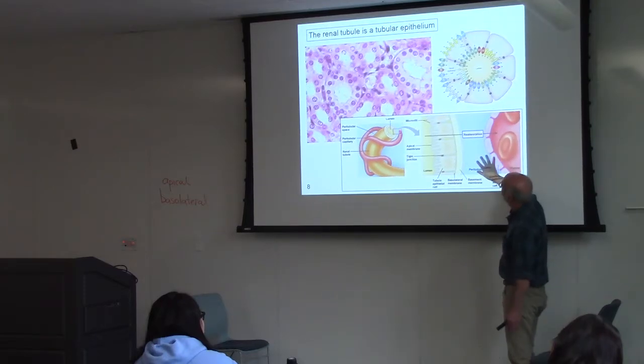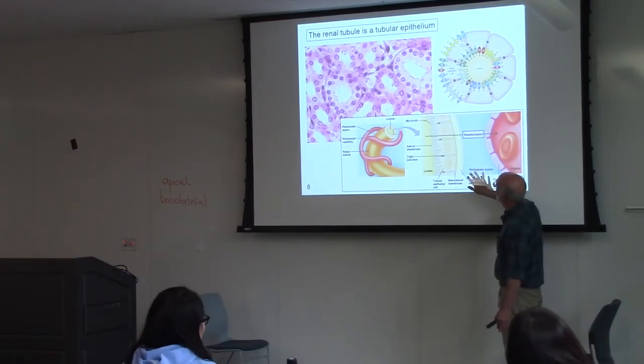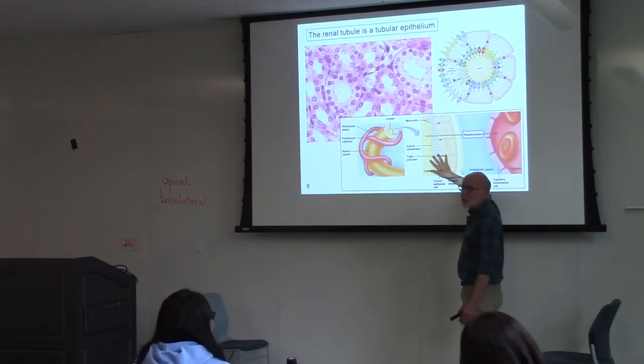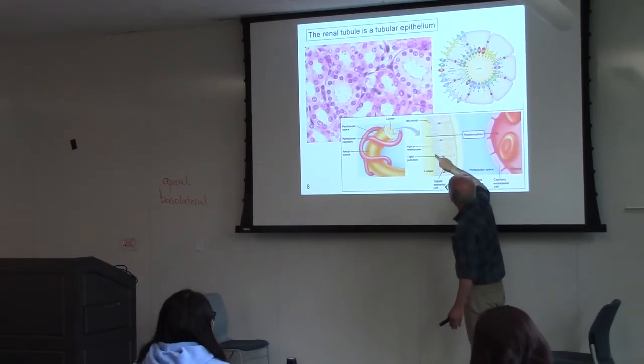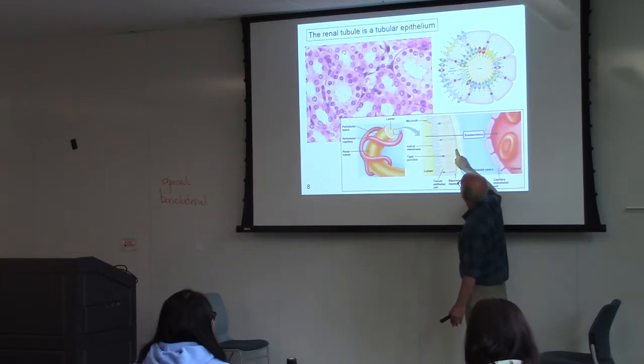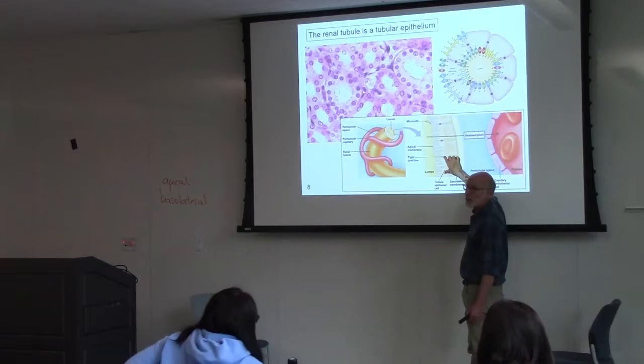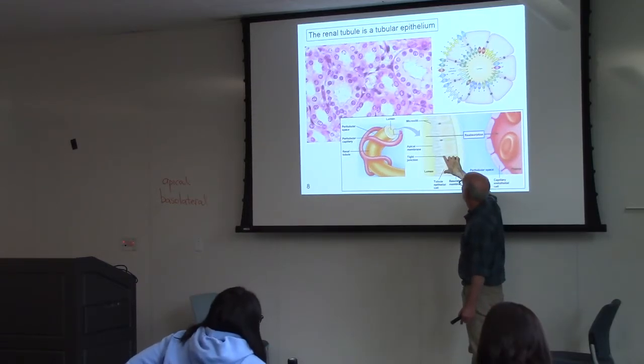So now, what's the orientation here? This is another cross-section, zoomed in. So here is the apical membrane. Here's the basolateral membrane. Here are the tight junctions between the cells in the basolateral membrane.